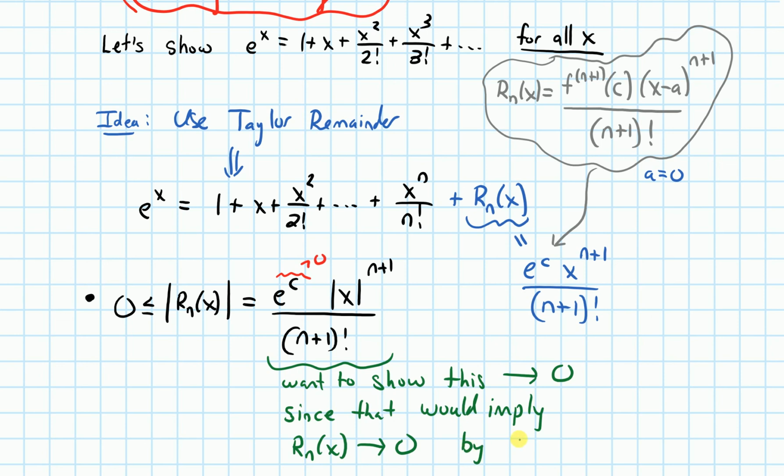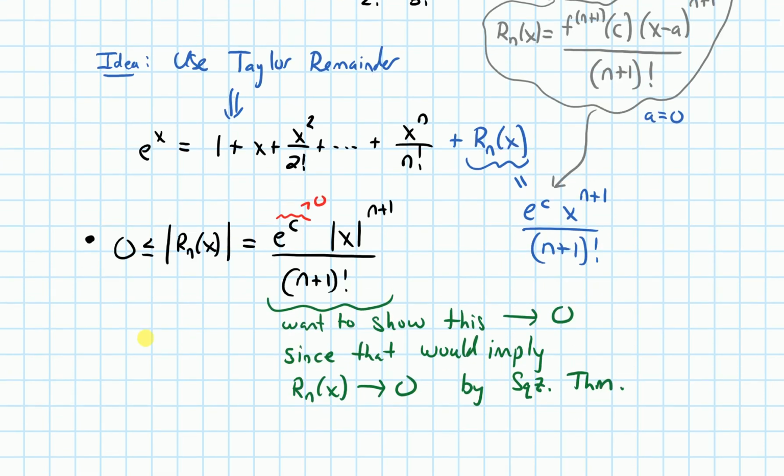And that would be by, technically, the squeeze theorem. So the absolute value of Rn of x is sort of squeezed by 0 on one side and this fraction on the other side. And 0, its limit is definitely going to be 0 because it's already a constant. So if we can show that this fraction also has a limit of 0, that would mean that the absolute value of Rn of x will have the same limit by the squeeze theorem.